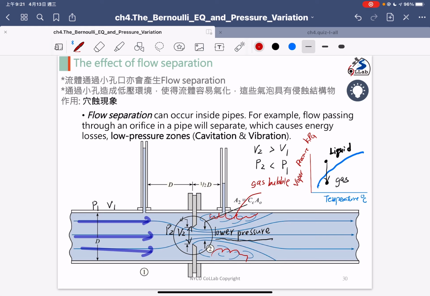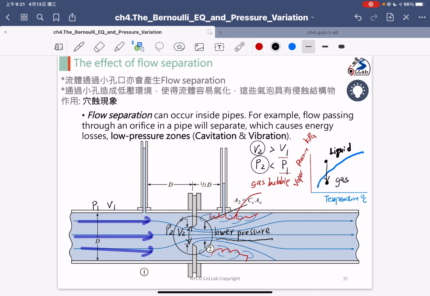and cause some problems, right? So the idea is that lower velocity gives higher pressure, and higher velocity gives lower pressure. Okay, and later I will tell you the reason why.